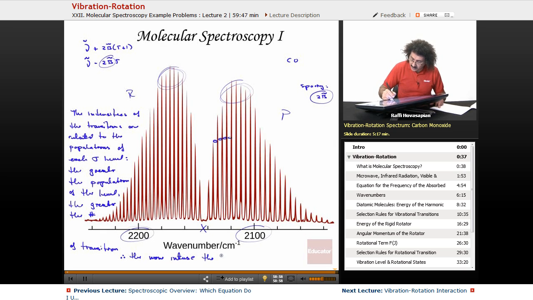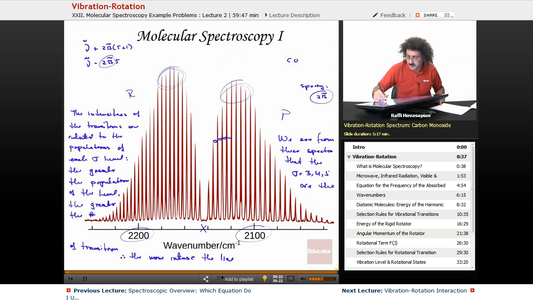Now, we see from these spectra that J equals 3, 4, 5 are the most populated. That's all this says. And once again, notice that the Q branch does not exist. That's because delta J equals 0 is a forbidden transition.